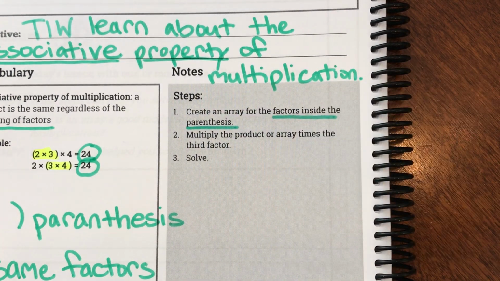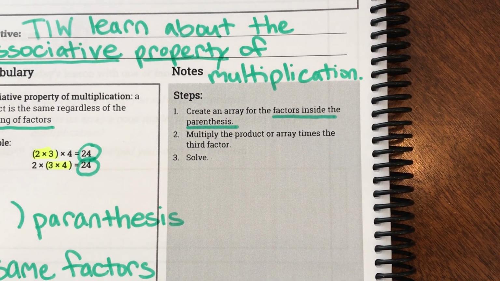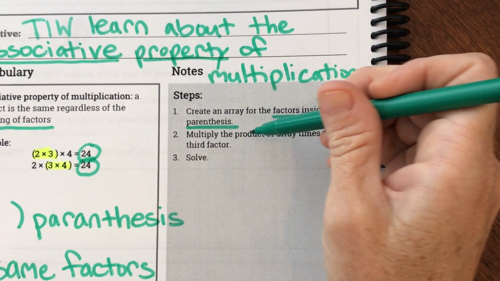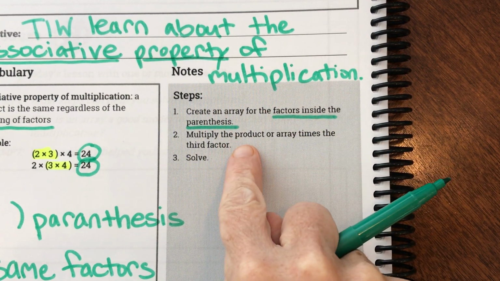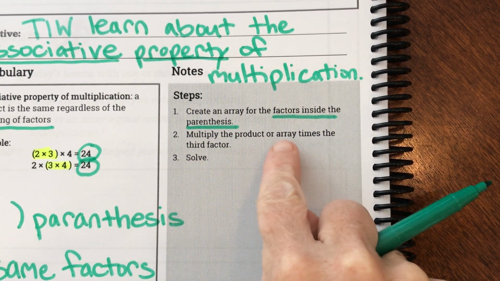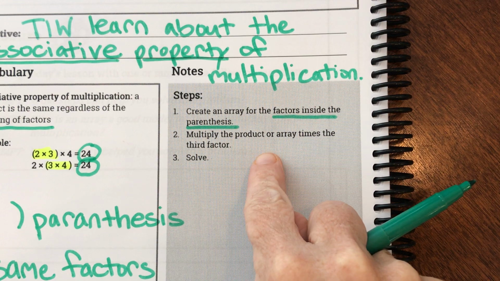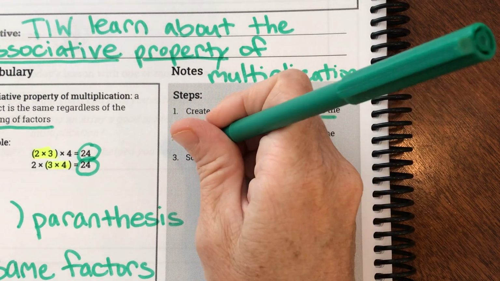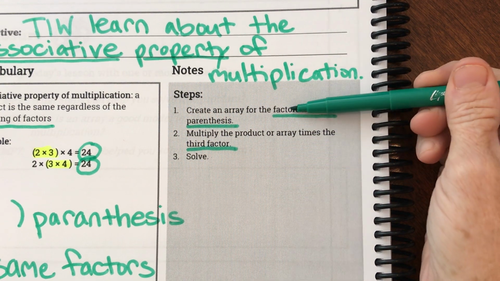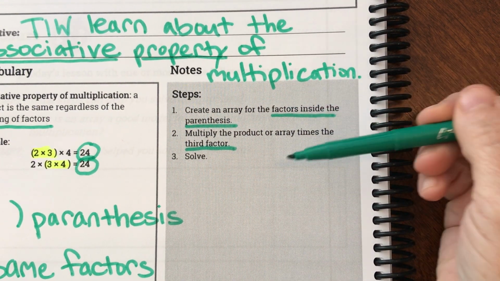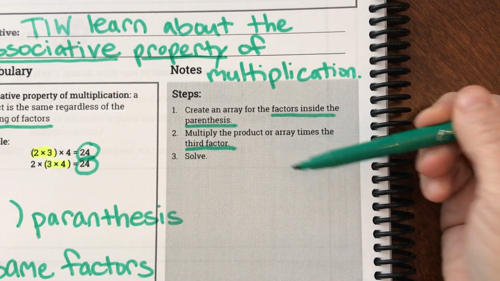Okay, then I'm going to multiply the product, because when I do an array I'm going to get an answer, times the 3rd factor. So I first do the factors in the parentheses, then I do the 3rd factor.